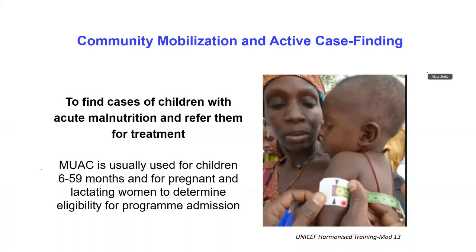We train community health workers, VHTs, to simply use the color, whether green, yellow, or red. Even now we are trying to empower mothers to assess their own children, which is still being piloted to see how feasible it is. Mid-upper arm is used for children 6 to 59 months, and also pregnant, lactating women and young adolescents.